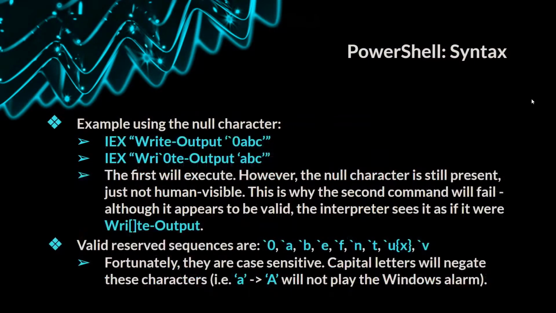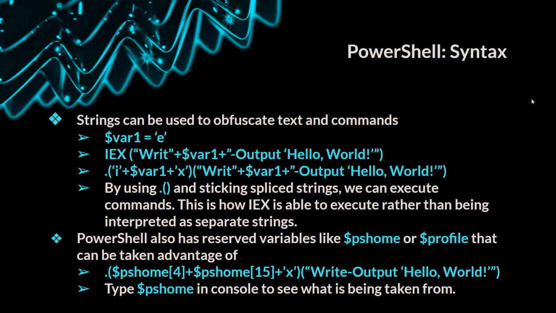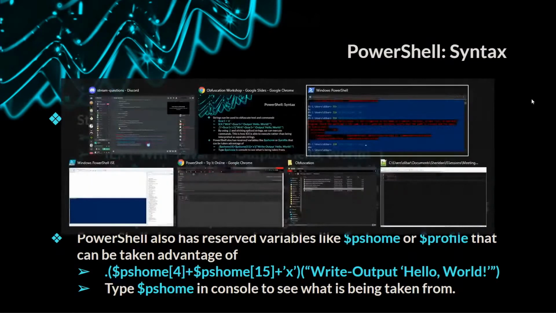Let's see, was I on the... Okay, perfect. So what we're going to do is we can also use strings to obfuscate text and commands. Before, all we've done is work with commands that were inside of IEX. However, now we're going to obfuscate IEX itself.